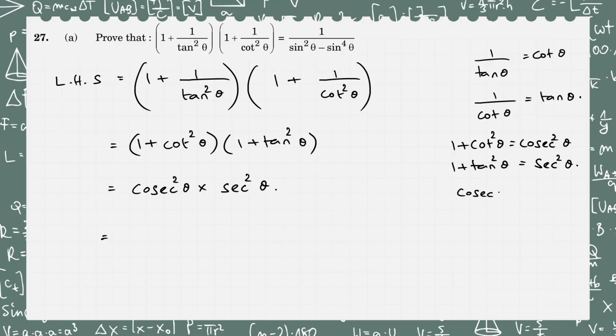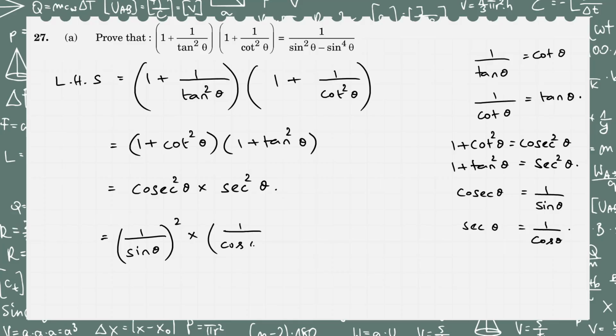So cosecant theta is 1 by sine theta, and secant theta is 1 by cos theta, isn't it? That we can put here 1 by sine theta square into 1 by cos theta square, and 1 by sine theta whole square will be 1 by sine square theta, because 1's square is 1 only. So 1 by cos square theta is the next value.